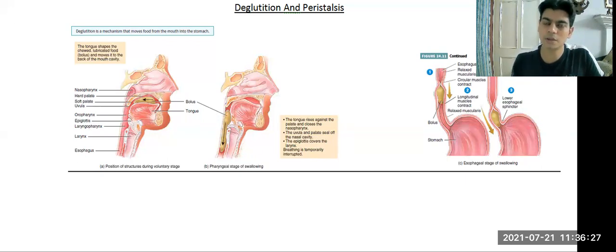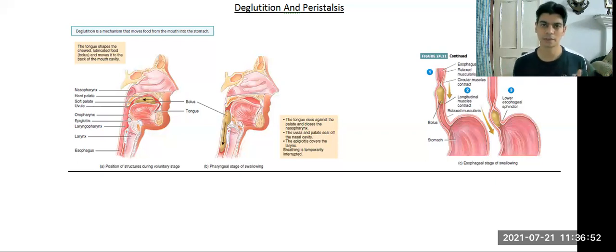Swallowing involves three stages, which include the voluntary stage. Voluntary means over which you have control. So in the voluntary stage, food is swallowed by you. Now when the food is in the pharynx, you have no control. When food moves from the pharynx to the esophagus, it's an involuntary movement.